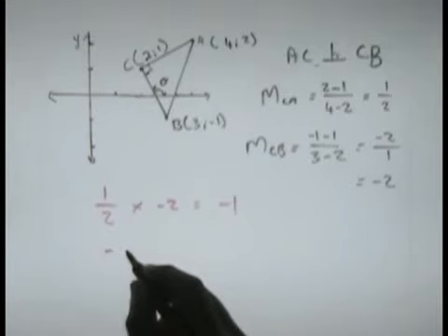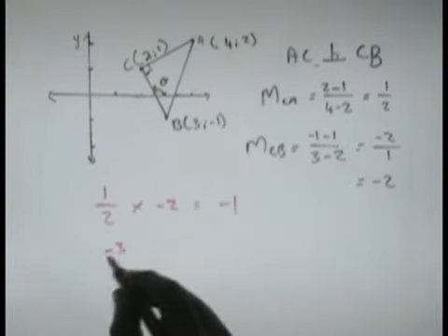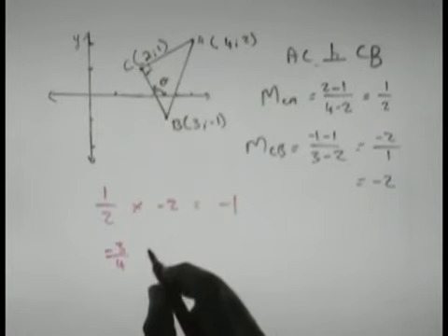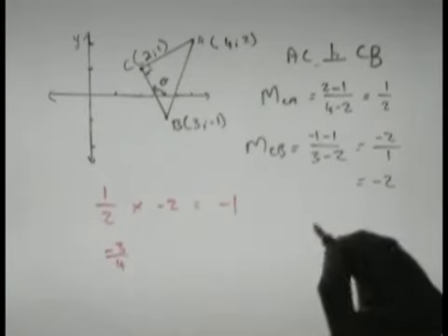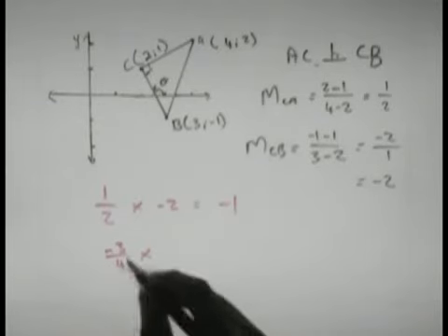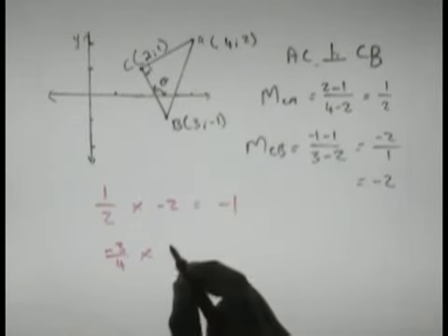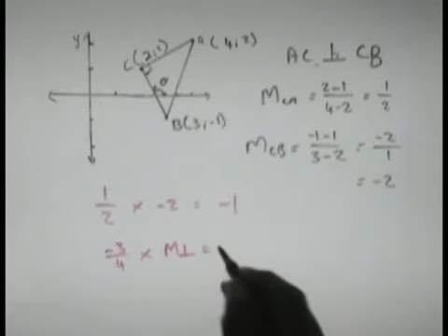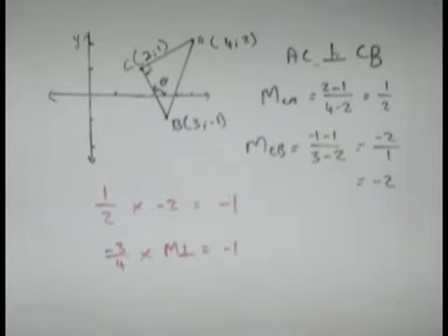That means that if I have a gradient of negative 3 over 4, what is going to be the gradient of the perpendicular line to that line? We don't know, we just know that it's the perpendicular gradient, but we know that it has to equal negative 1.